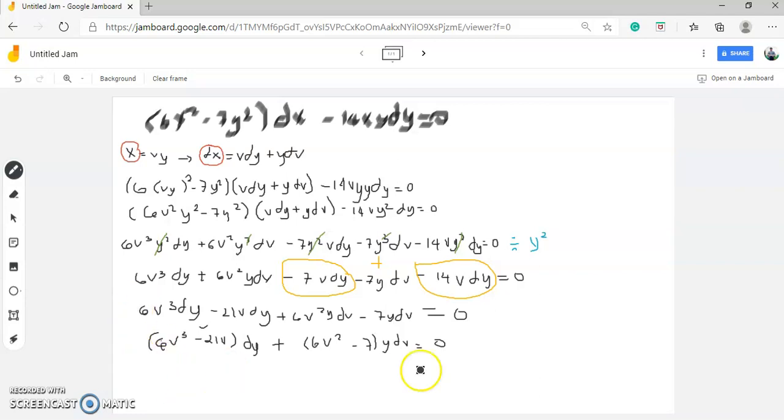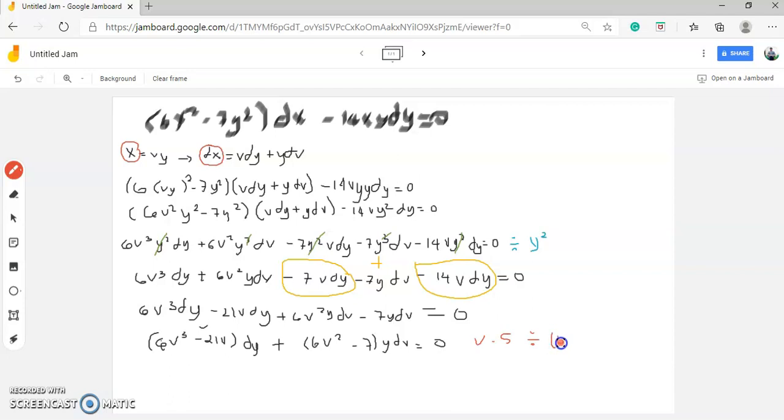So from there, we can now use variable separable, right? Variable separable, which we will divide. What will we divide by? For this part, what do we not need? Very good.